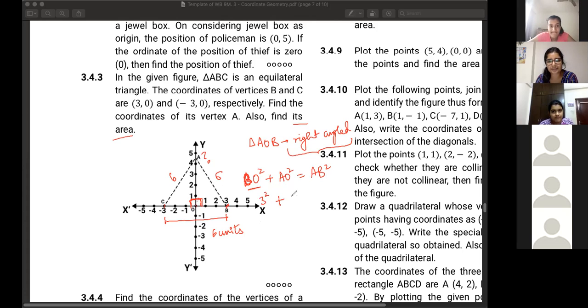X squared equal to, do you know AB? 6. Okay. So using this, can you find the value of X? Yes, ma'am. So that will give you the length AO. So once you get the length AO, can you find the coordinate of A?